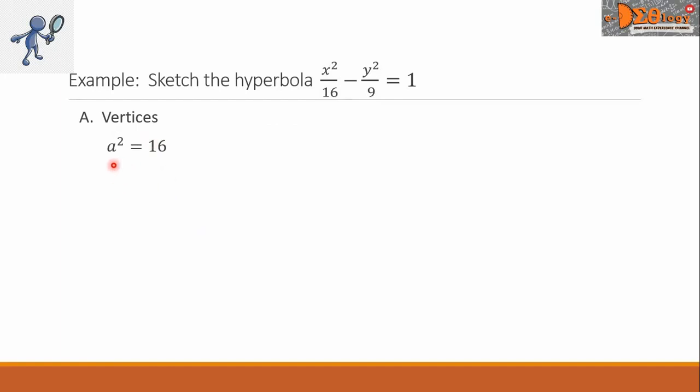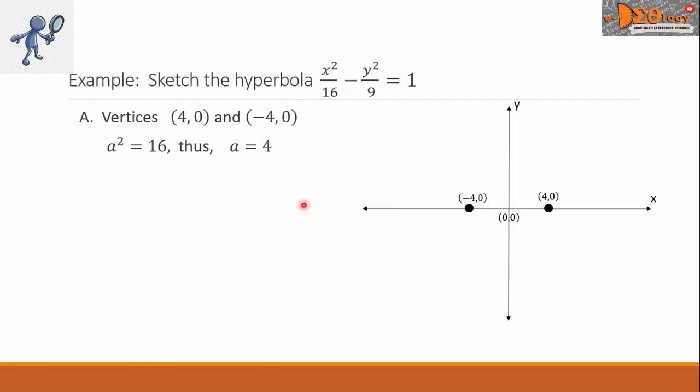Let us collect the a squared, which is the denominator of x squared, and this is 16. Let us get the value of a by taking the square root. So a equals 4. So the coordinates of the vertices are (4, 0) and (-4, 0).